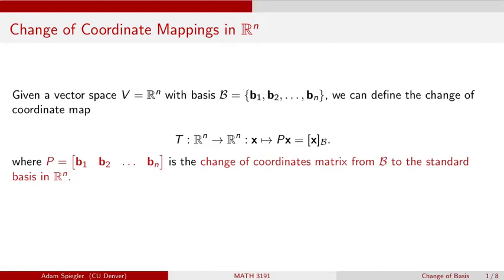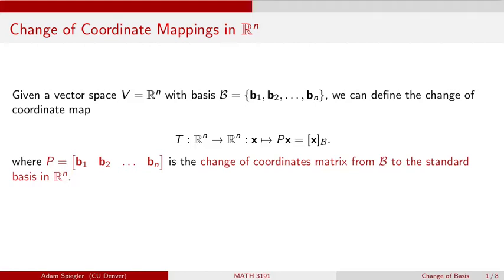And so we've done this previously when we talked about change of coordinates from a non-standard basis B into the standard basis in Rn. So just recall that if we take our vector space V to be Rn, so we're not going to be thinking about matrices and polynomials or more abstract vector spaces at first, but we will eventually.